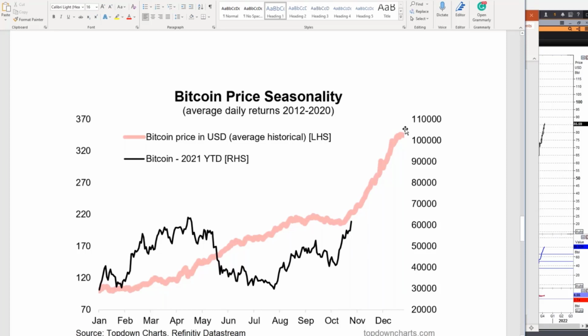We've got a very strong seasonal tendency in the market from essentially now, and here is Bitcoin, and the black line is Bitcoin right now. We're on track, really. We had the drifting period, like we normally do, and now we go into what should be the strongest part of the year, seasonally.